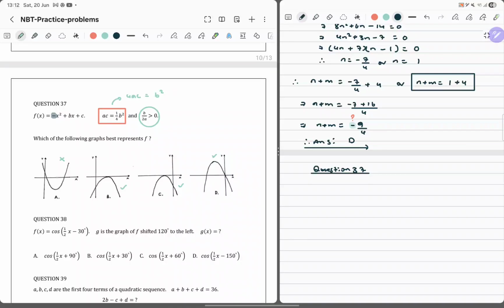Now when 4ac is equal to b squared, this implies that b squared minus 4ac, when we transpose it, is going to be equal to 0. So this means the discriminant is equal to 0. So when the discriminant is equal to 0, it means we've got equal roots. So this means this cannot be, because this has unequal roots.